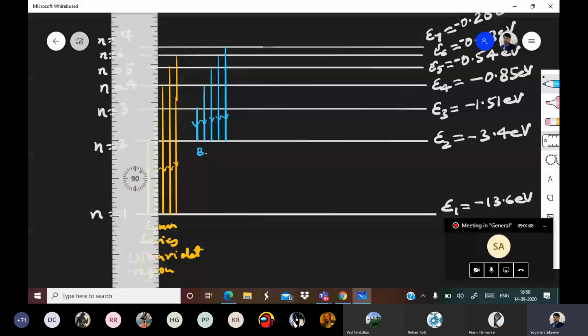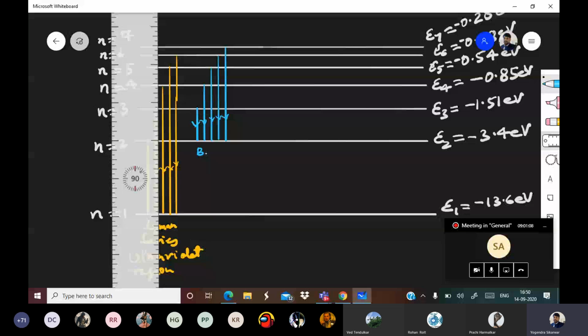This is in the visible region. So basically you can see these wavelengths. That's why it is visible.